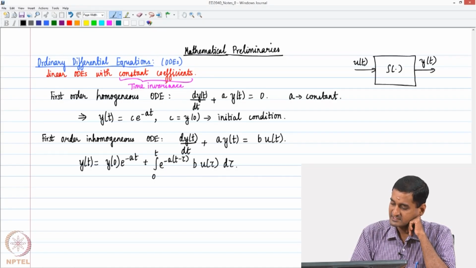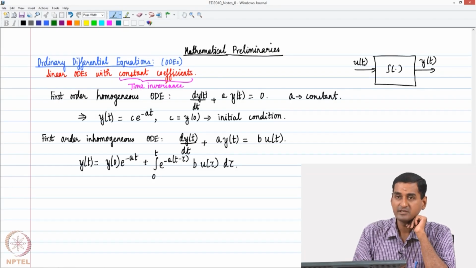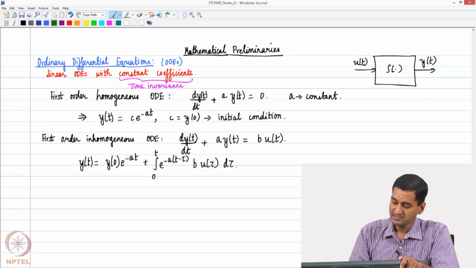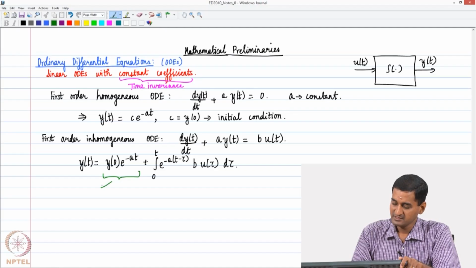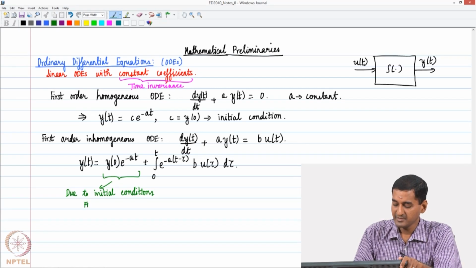This is a solution to this particular inhomogeneous ODE. So, we can immediately see that there are two components to the solution. The first part of the solution is due to initial conditions. This part is typically referred to as what is called a free response.